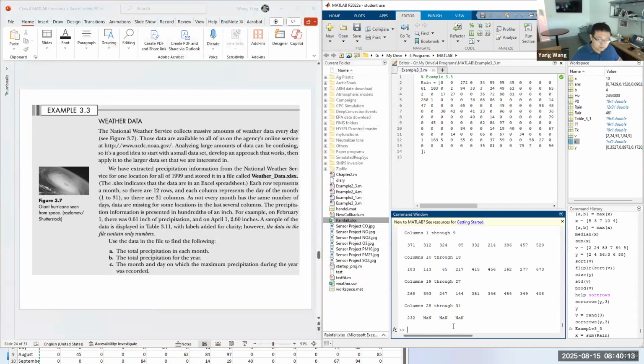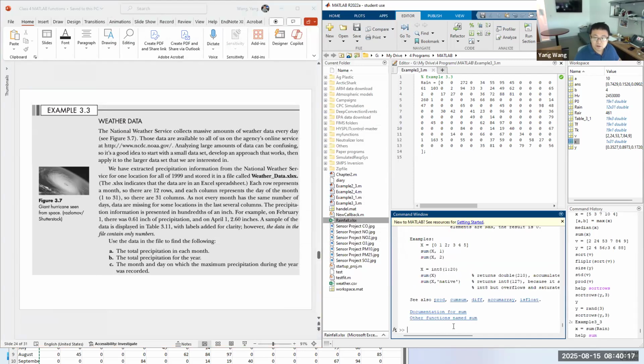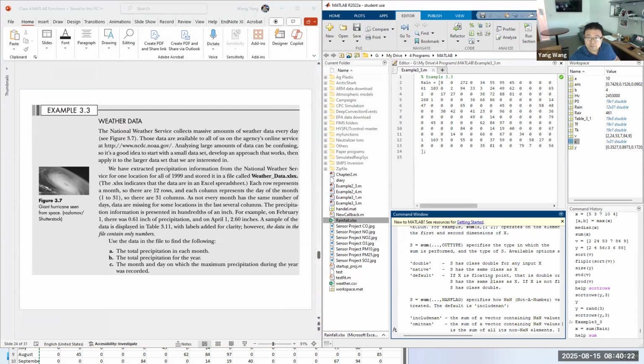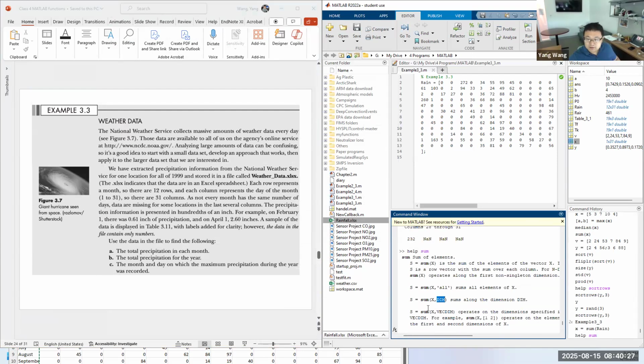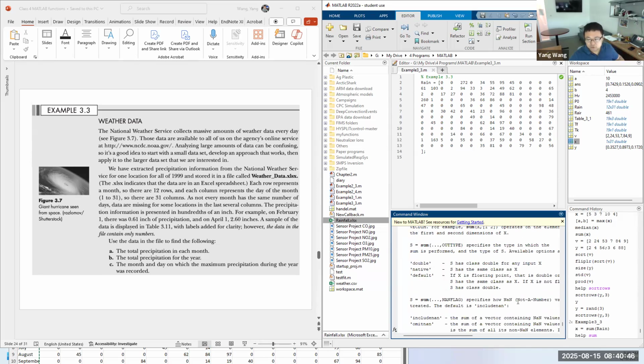So now we can see if the help function can help us with doing the summation along the other dimension. It has that: you can do sum of A, dim, the summation along the dimension dim. Because we have a matrix, the default is dimension 1, which is along the columns. You can also do the summation along dimension 2.